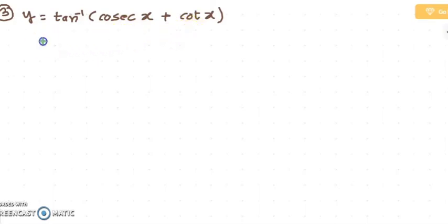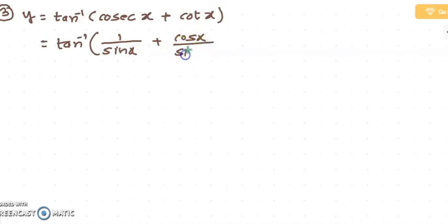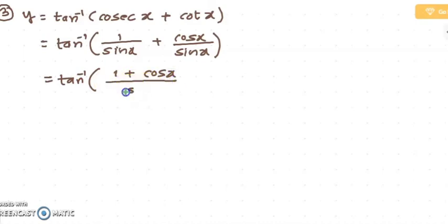So y is tan inverse of 1 upon sin x plus cos x upon sin x. Now we can write these two terms together as 1 plus cos x whole divided by sin x.